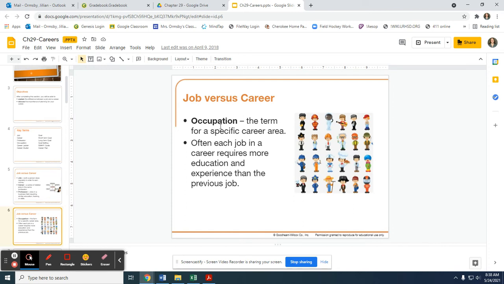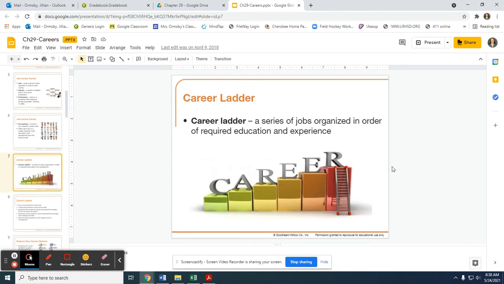So, one thing we want to also bring up is the term occupation, and that's the term for a specific career area. Often, each job in a career requires more education and experience than the previous job. So, we have what's called a career ladder, and that's a series of jobs organized in order of required education and experience. So, like I said, you guys are probably going to start out small and then work your way up.